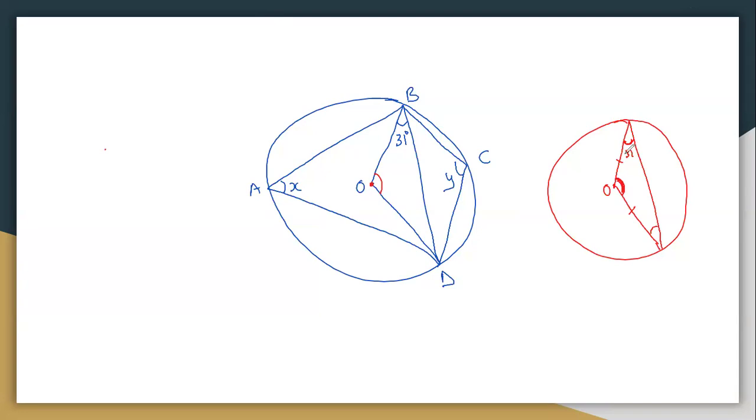Remember, it is very important, don't forget those properties, that for any isosceles triangle, these are the two sides, the base angles are always equal. So if this is 31, also this is going to be 31. So to find the angle here, you use the property of angles in a triangle.